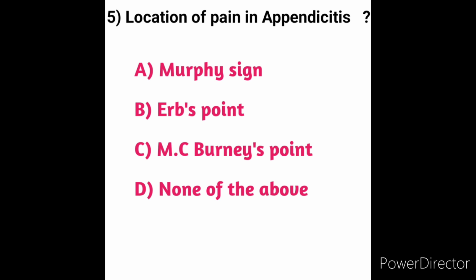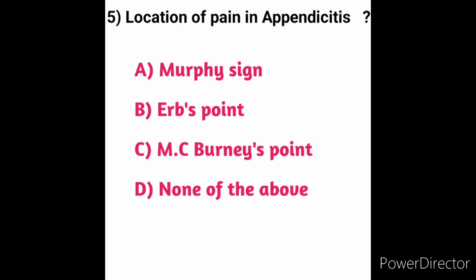A typical day starts with a pain in the middle of the tummy that may come and go within hours. The pain travels to the lower right hand side, exactly where the appendix is usually located, and becomes constant and severe. To test McBurney's point, the individual should be lying on their back on an examination table.